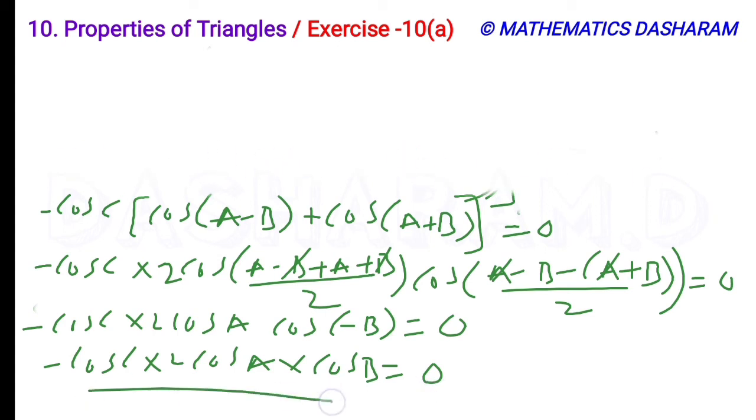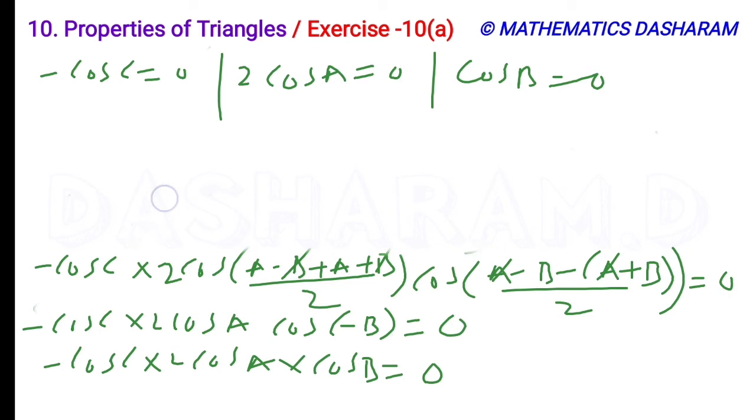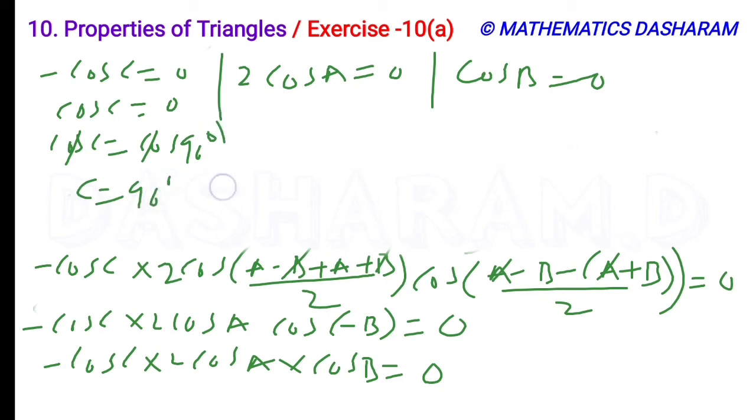So the total product equals 0. What is the meaning of that? Minus cos C equals 0, or 2 into cos A equals 0, or cos B equals 0. So any one of the terms should be 0 to get the total product equal to 0. So from this cos C equals 0, cos C equals cos 90 degrees, cos cancels, C equals 90 degrees.